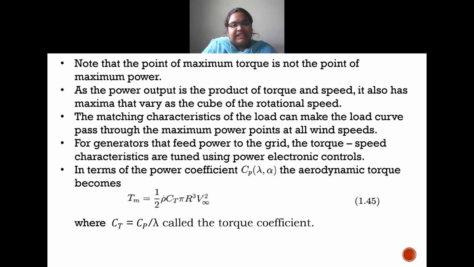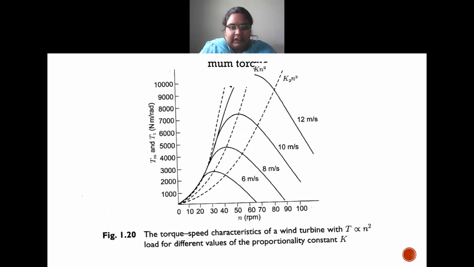The matching characteristics of the load can make the load curve pass through the maximum power point at all wind speeds. If you are choosing the correct proportionality constant, then we can make sure our curve will be passing through all the maxima points of the torque speed characteristics. Here, as the proportionality constant varies, the torque speed characteristics will also vary.